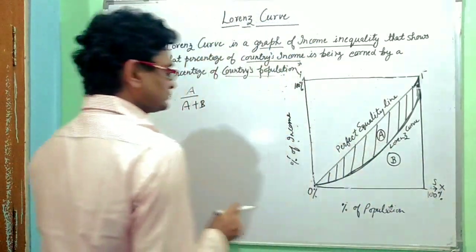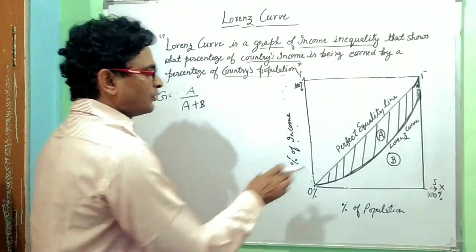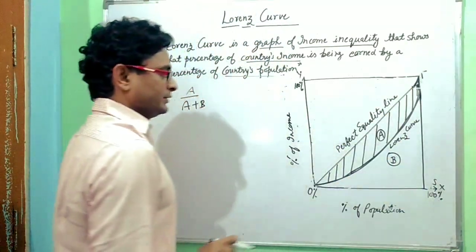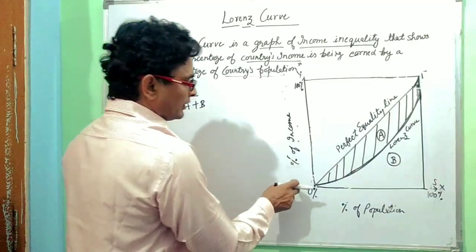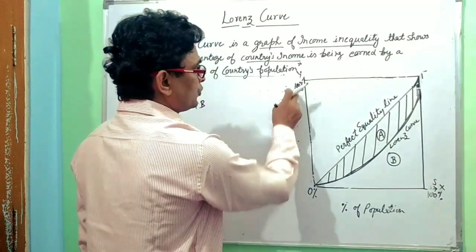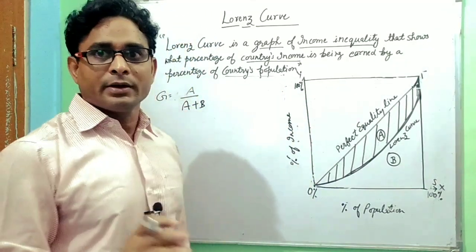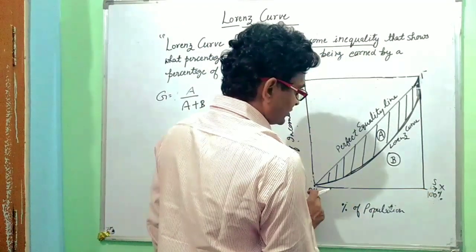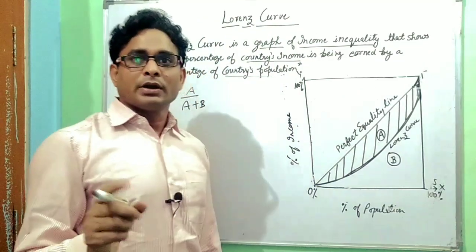What is the value of this whole area under the perfect equality line? As we know, the value of income lies between 0 and 1. 100% means 100 upon 100 equal to 1, and the population value also lies between 0 and 100, which means 100 upon 100, 1.